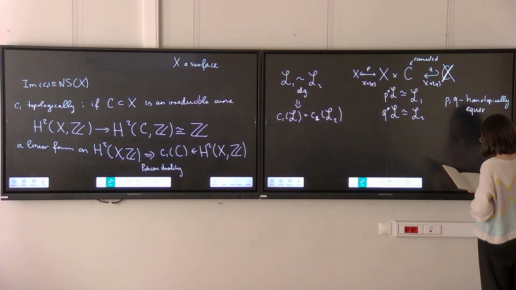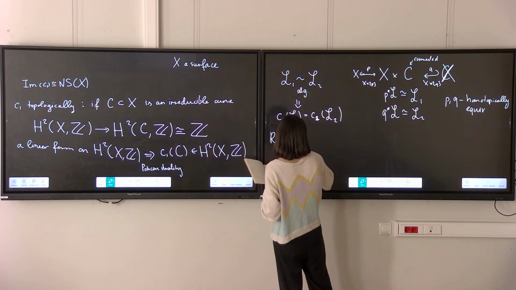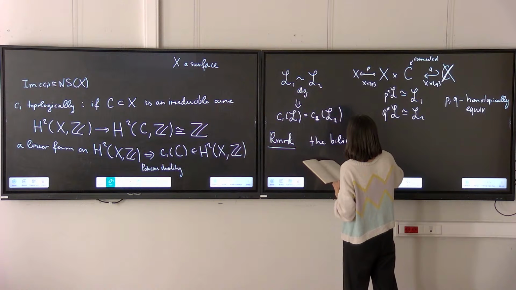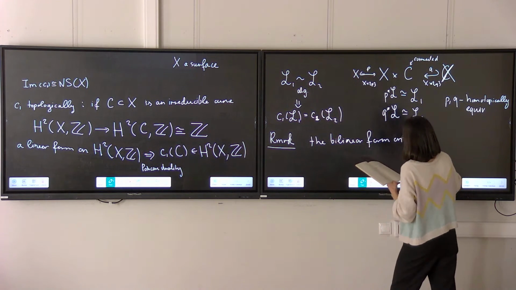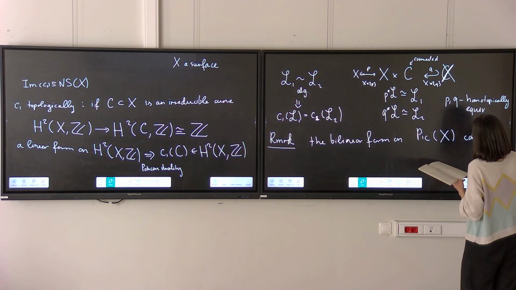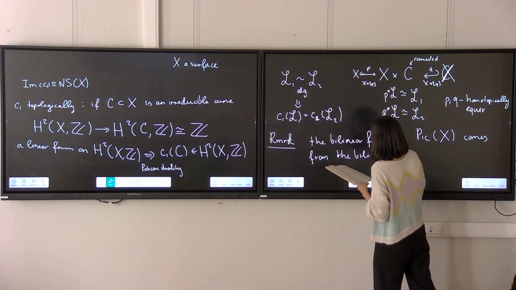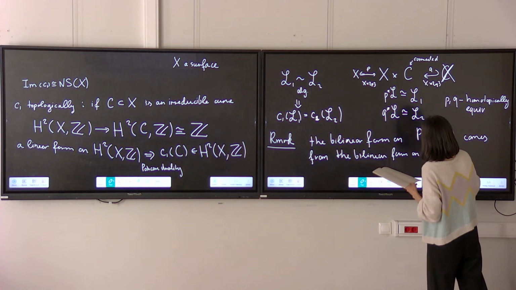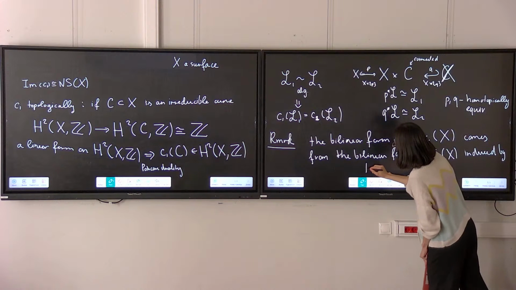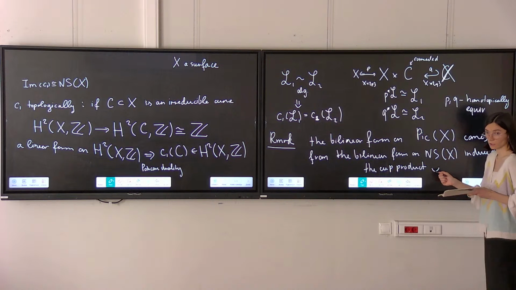So, what next? Yes, and also in the complex setting, maybe a remark is that the bilinear form on the Picard group of X comes from the bilinear form on the Néron-Severi group of X that is induced by the topological cup product, by the cup product in the second cohomologies.